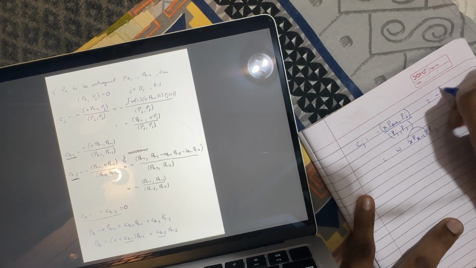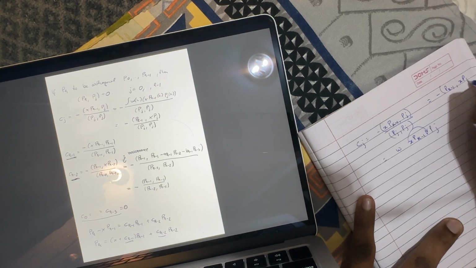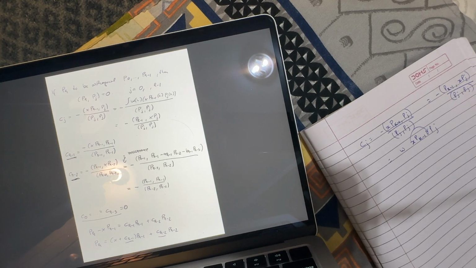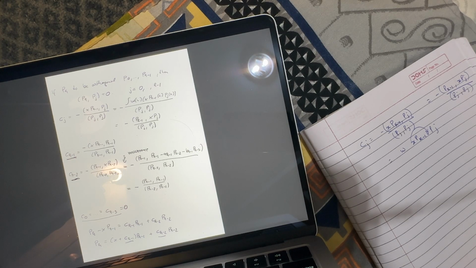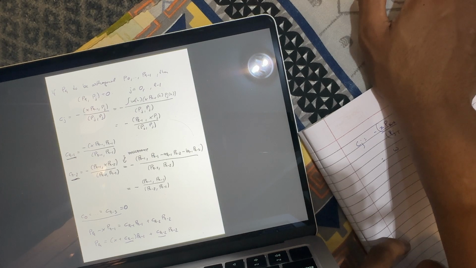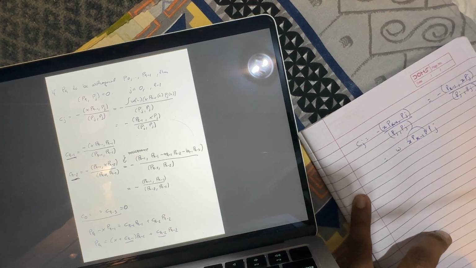So this is minus Pk minus 1 x Pj divided by Pj Pj.